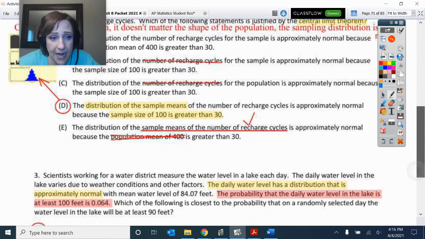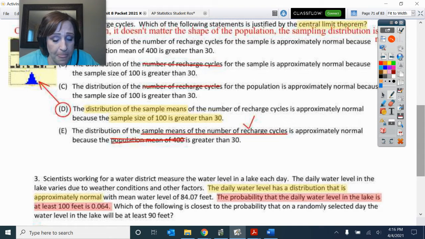All right. Now, E is good, but the problem, so this distribution of the sample means of the number of recharge cycles, but it's not because the population average is 400. No, it's because the sample size of 100.